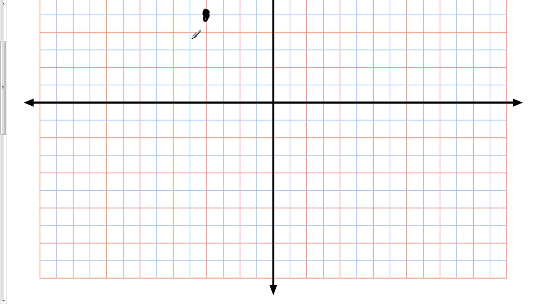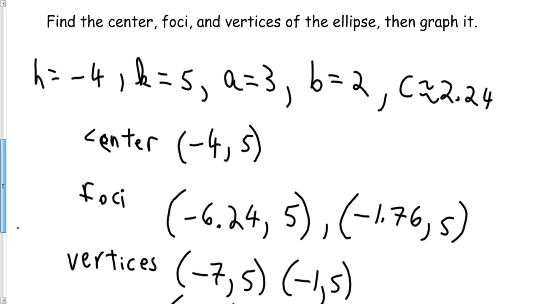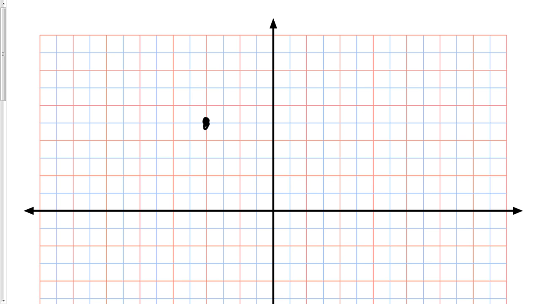And then from there, the foci are negative 6.24, 5 and negative 1.76, 5, which is somewhere in here. So we get those two points as our foci.